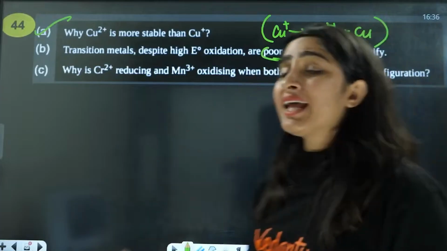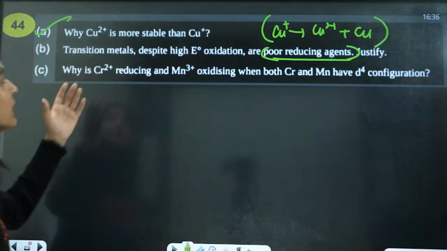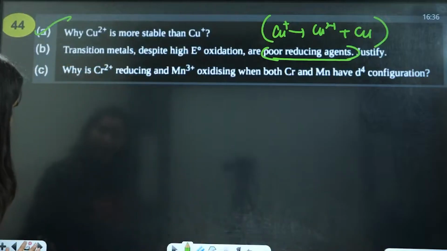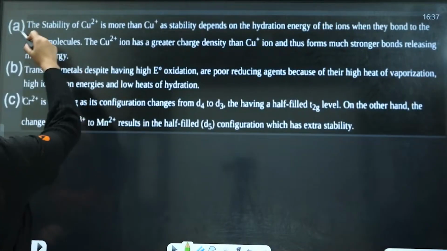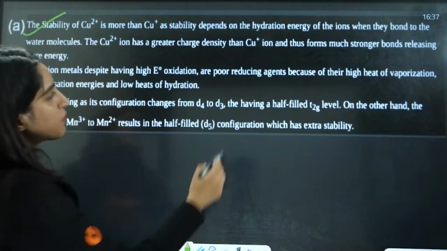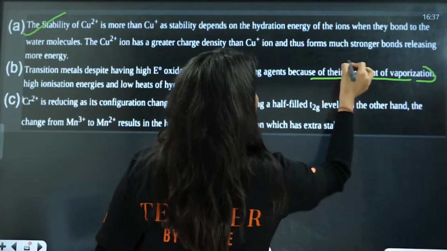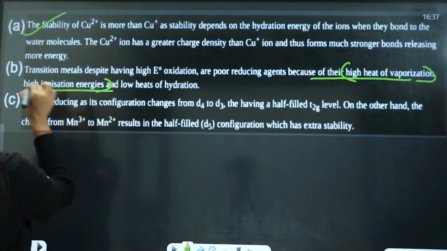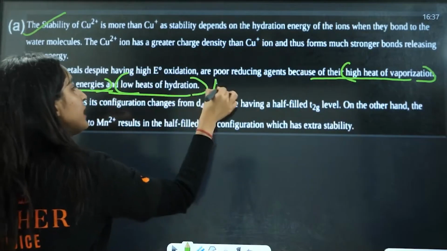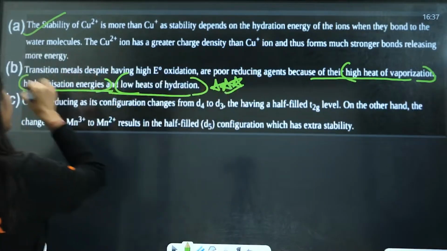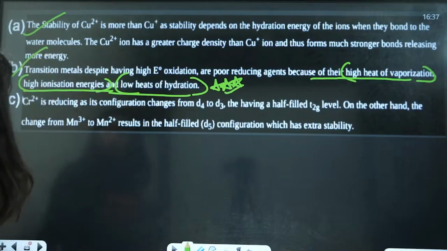Why, even though they have a high value of E naught, are they not good? Despite this, they are poor reducing agents because of their high heat of vaporization, high ionization energies, and low heat of hydration. Very important conceptual questions.